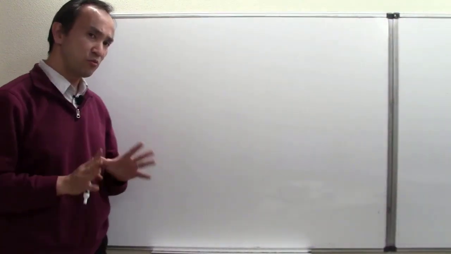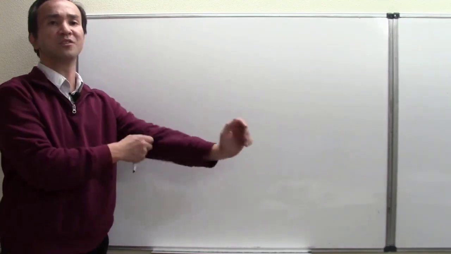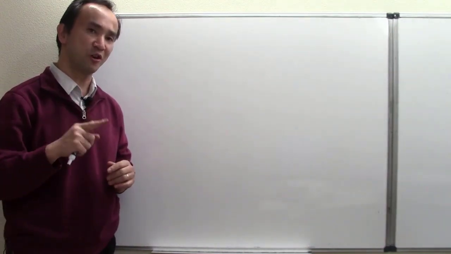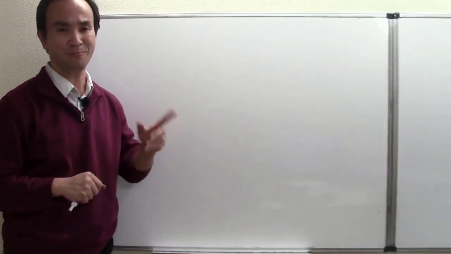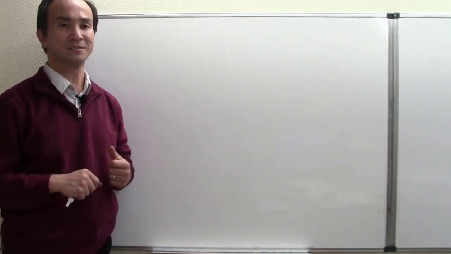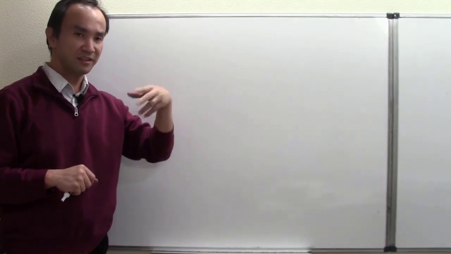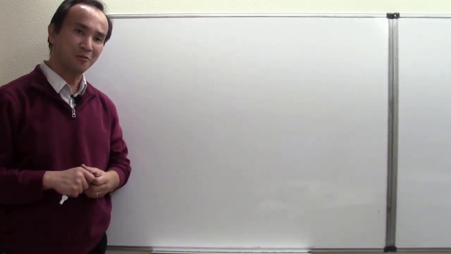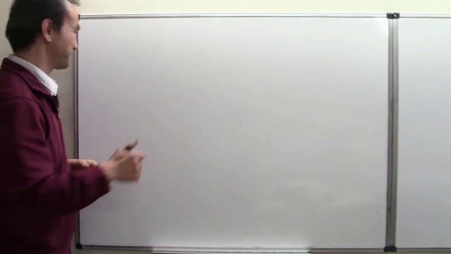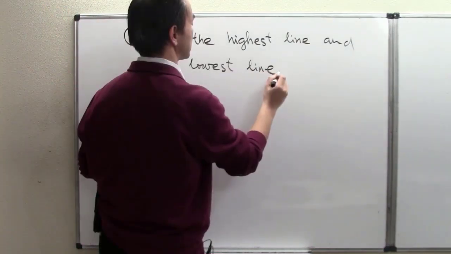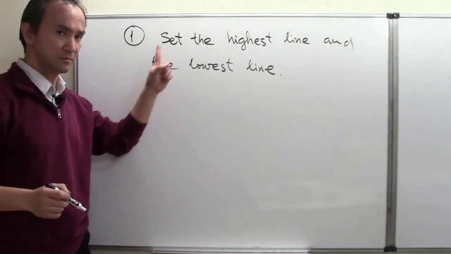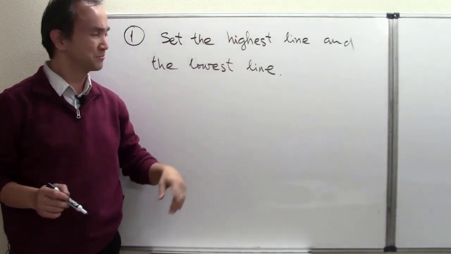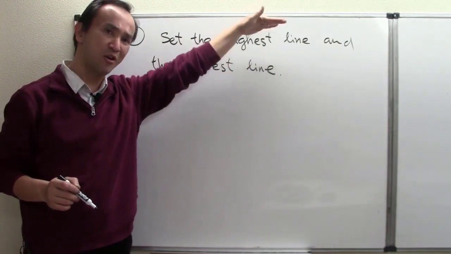All right, so after seeing what I have done with that particular demonstration problem, allow me to point out the general guidelines for how we can come up with a modeling function to model any quantity that changes periodically. The first step that I did really was to set the highest line and the lowest line, the highest value and the lowest value.